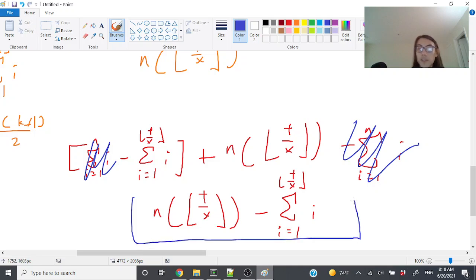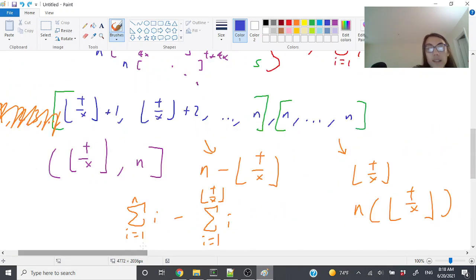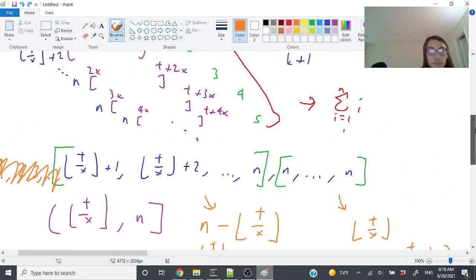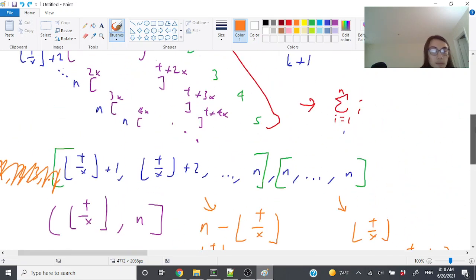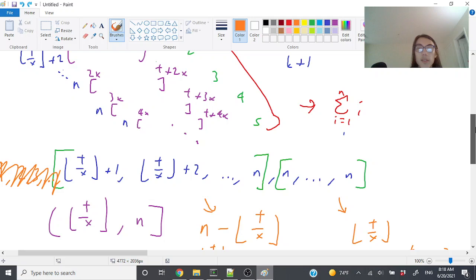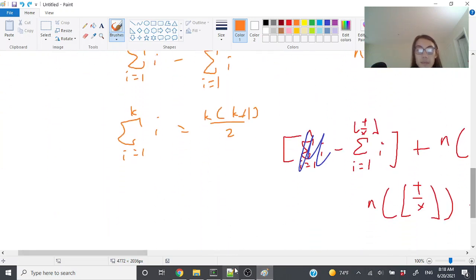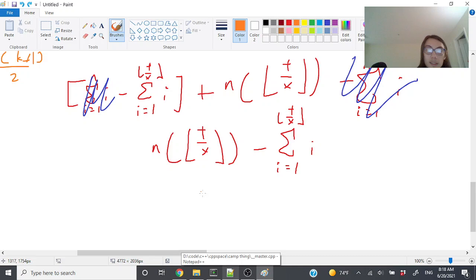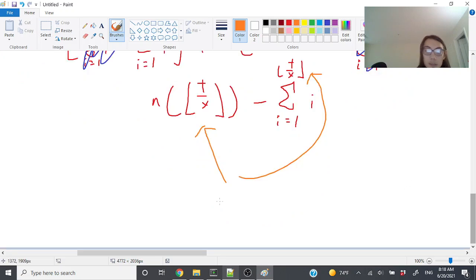There's one final detail, which is what cost me so many wrong answers: this value could be huge, but at most we can see only n people. So we need to cap this at n. The way we do that is we say, instead of t over x, some modified value, which is really the minimum of t over x and n.